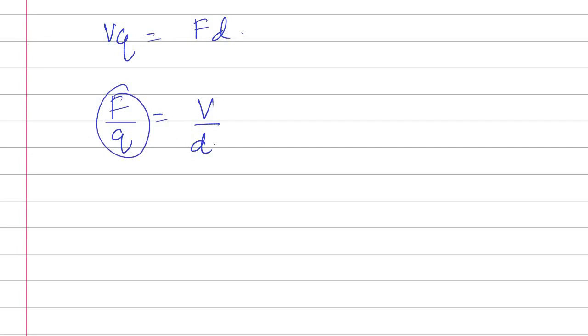So obviously you can see VQ is equal to Fd, or F upon Q is equal to V by d. But F upon Q is E, electric field intensity.